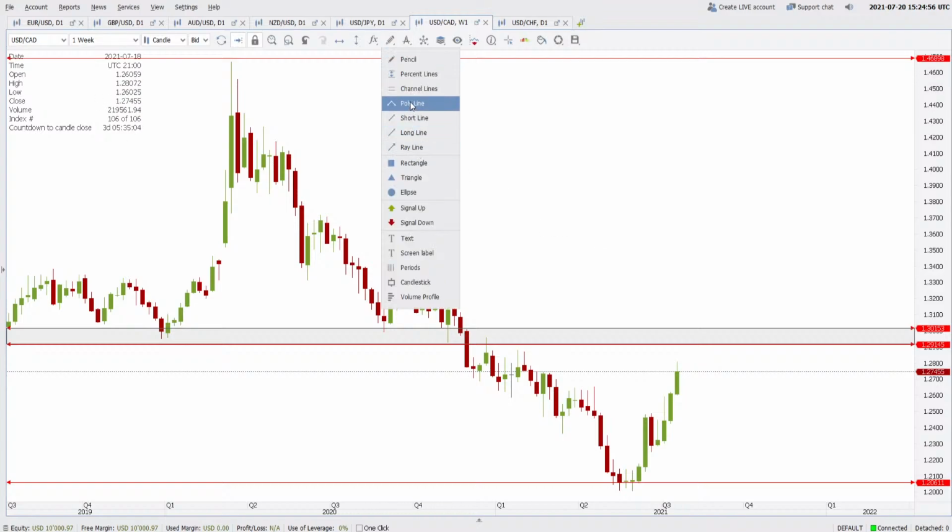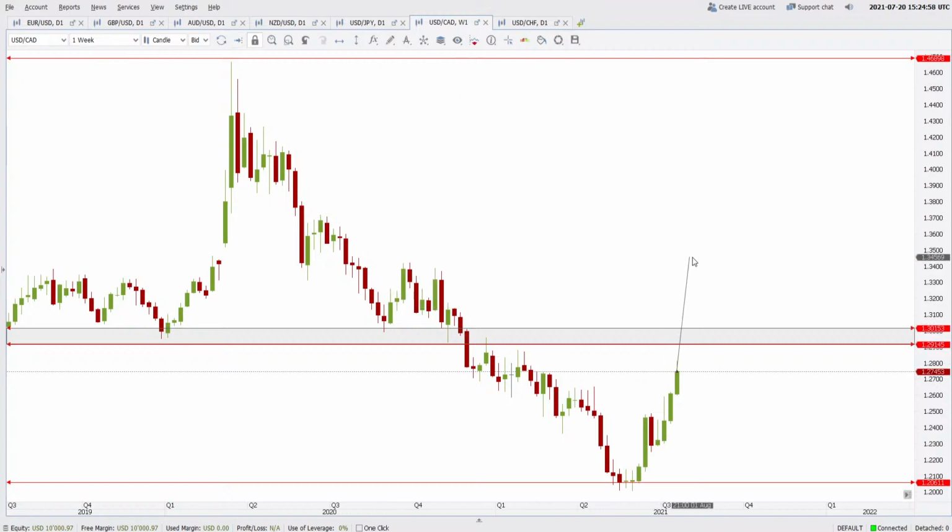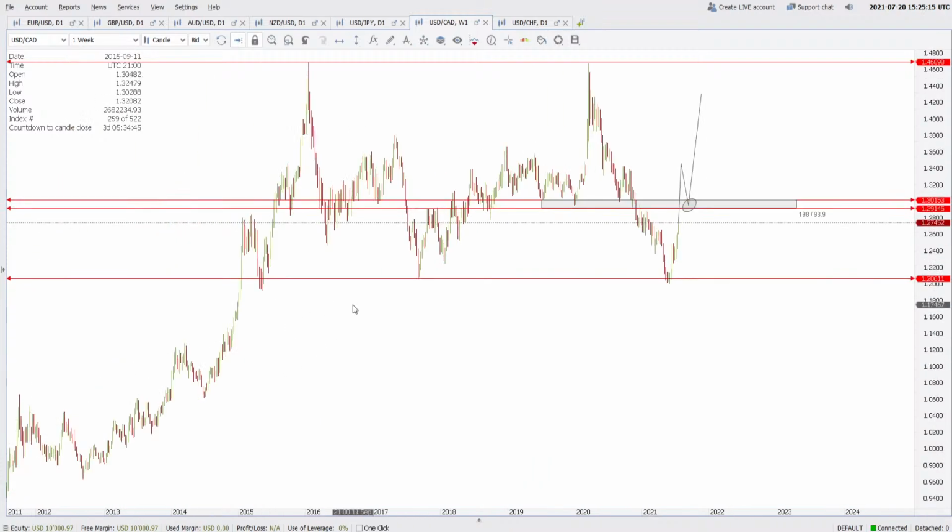It may just shoot up like this, and if it does, that means it is able to trade above a resistance level. So we will wait for it to retest that resistance as a fresh support, and maybe we would like to open a buy position, because we know that the price is trading in this range, and the next ceiling of the range is 1.46.